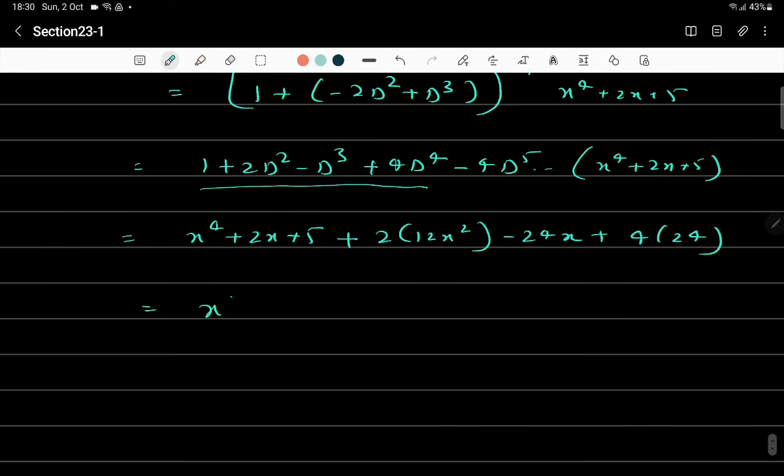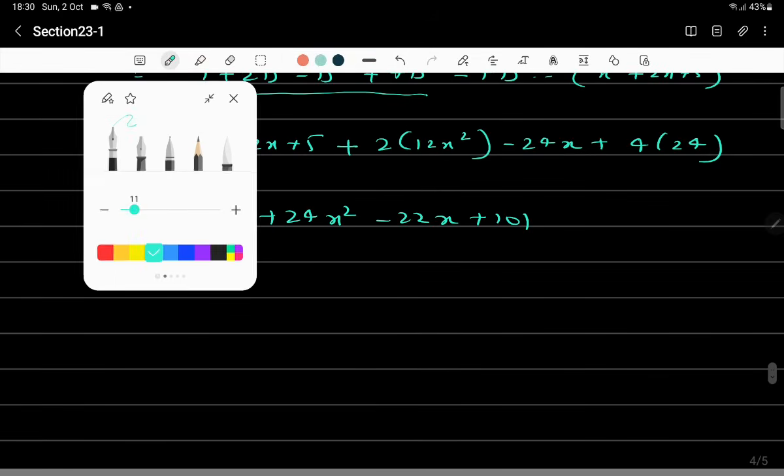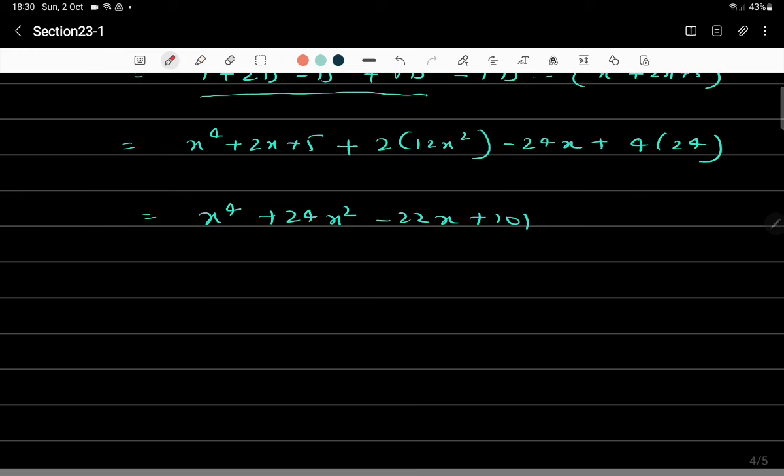So it becomes x raised to the power 4 plus 24x square minus 20x plus 101. Yes, so you can see how easy it is to use the operator method technique in comparison to undetermined coefficients or the method of variation of parameters.